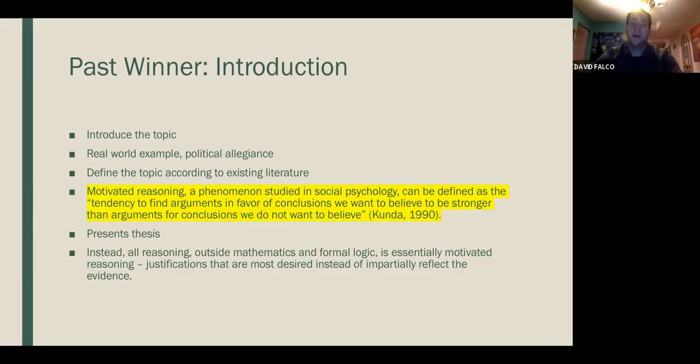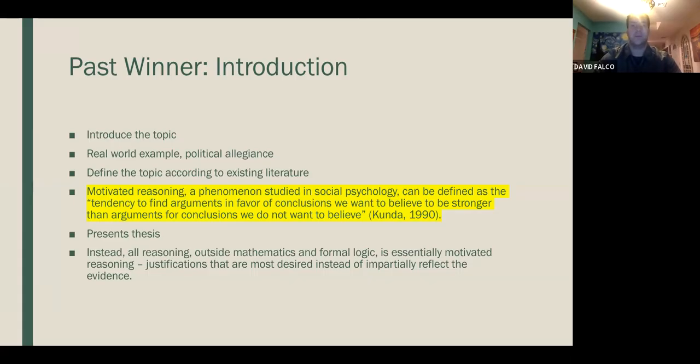I also really like that they used a real world example. They talked about political allegiances and how you might be motivated to, say, defend a certain candidate based on their actions, or say an action of a political candidate was not that bad because you supported that candidate. This is a very applicable real world example that a lot of us, especially in the last few years, have really been experiencing, especially the judges on the panel.